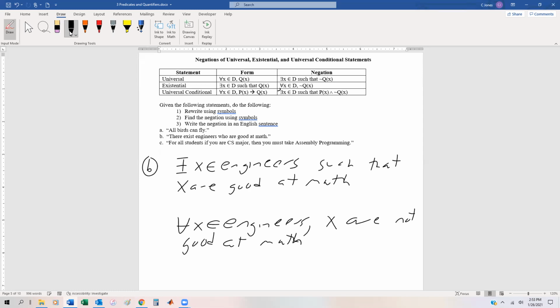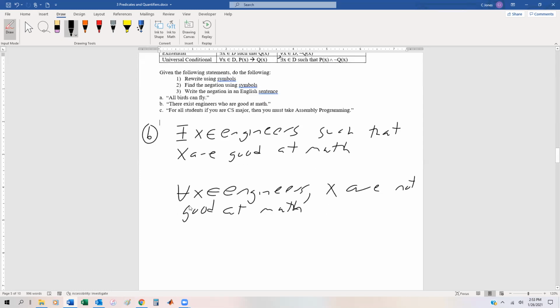And then finally, if we want to write the negation of this in an English sentence, we're just going to say all engineers are not good at math. And that's probably not necessarily a good thing.